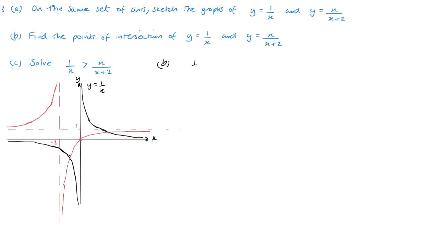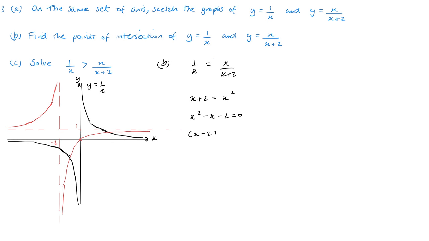Now let's do part B, find the points of intersection. So 1 over x equals x over x plus 2. So x plus 2 equals x squared. So x squared minus x minus 2 equals 0.